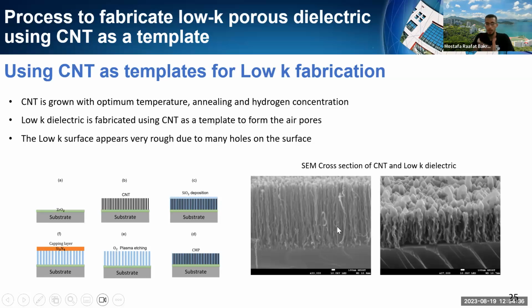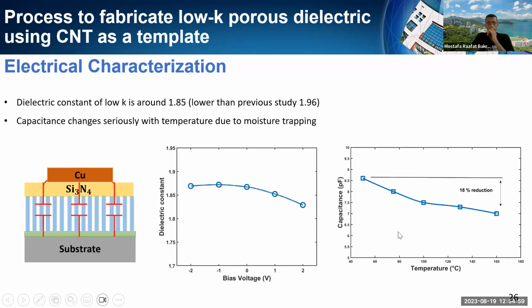So we use the best CNT as shown here, following these main fabrication steps to fabricate the low K dielectric as shown on this image. Here we have the dielectric material with many cylindrical air pores, which we required before. Then we characterize the dielectric material.